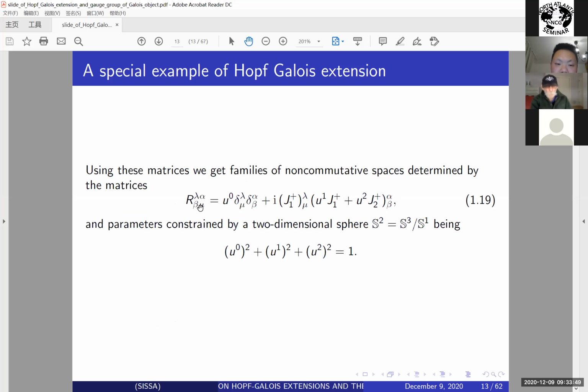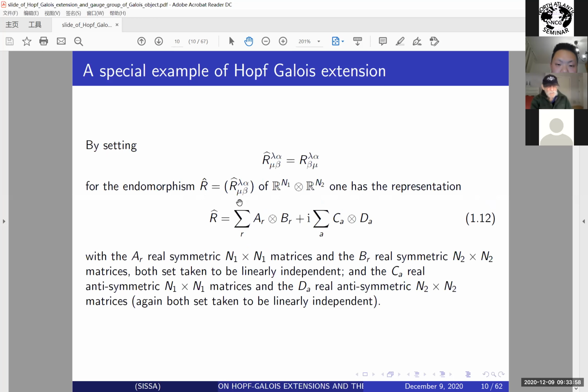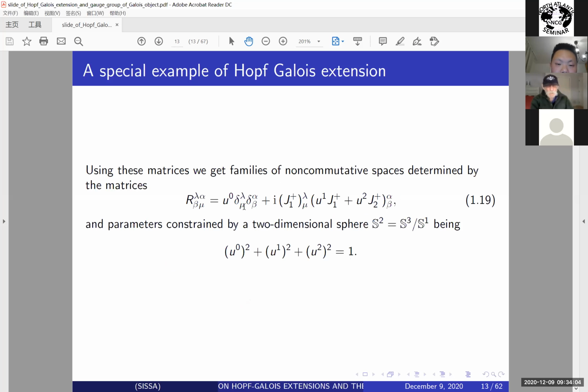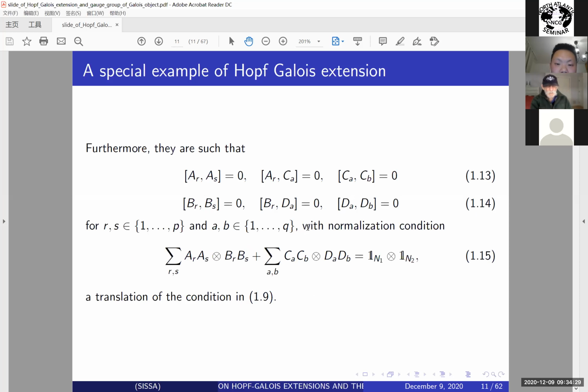And in this case, we have R matrix with 3 parameters U0, U1, and U2, and compared with our matrix given in 1.20, we can see in this case we have A equal to identity matrix and B equal to U0 identity matrix, and C is equal to J1 plus, and D is equal to U1 J1 plus U2 J2 plus, where we can see both A and B are symmetric 4x4 matrices, and C and D are also antisymmetric 4x4 matrices, and they also satisfy the commutation relations we gave in 1.13 and 1.14.